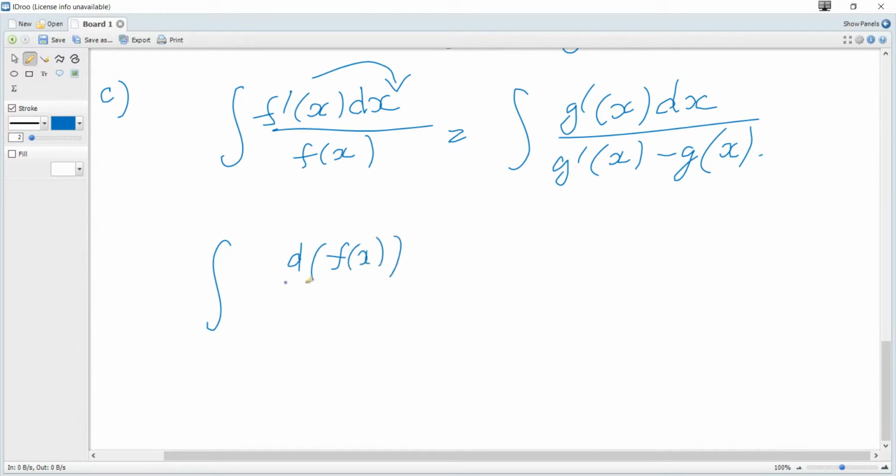In terms of u, the left hand side integral becomes, we keep f prime because you can see that it will cancel. dx is du over f prime, and f is u, and you can see it becomes du over u, and hence the left hand side becomes ln of the absolute value of u in general, and u is f of x.